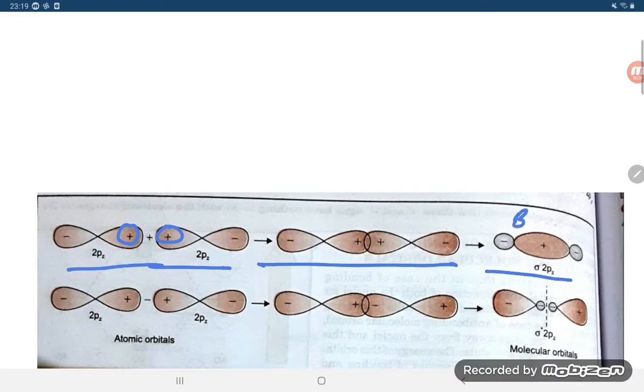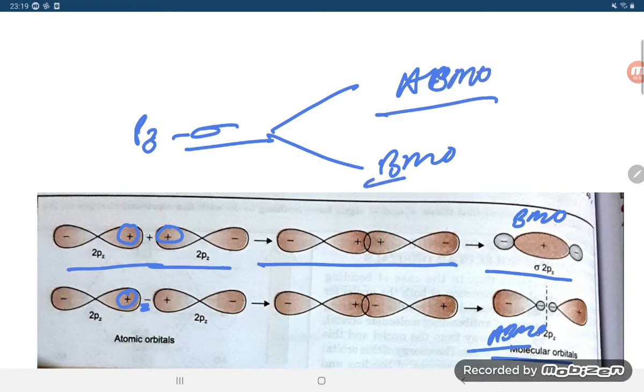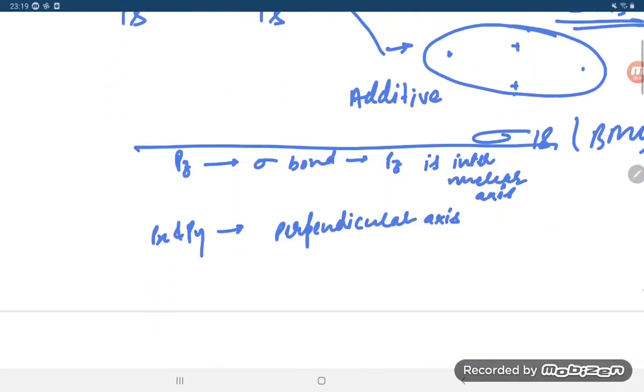This is the BMO, bonding molecular orbital. When it is subtracted, with a negative sign in between, plus and minus, it is anti-bonding. This is the ABMO. So the pz forms sigma, but sigma is also of two types: one is the bonding molecular orbital and another is the anti-bonding molecular orbital.